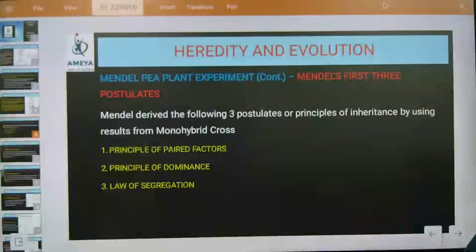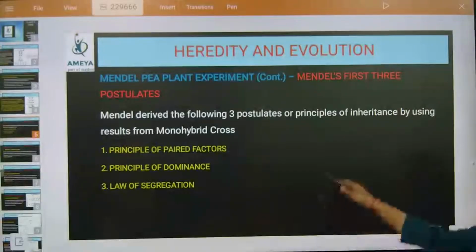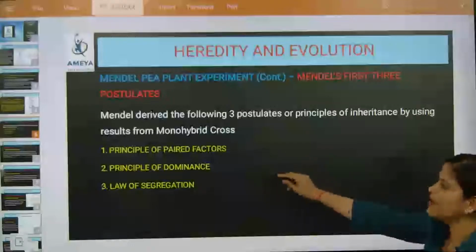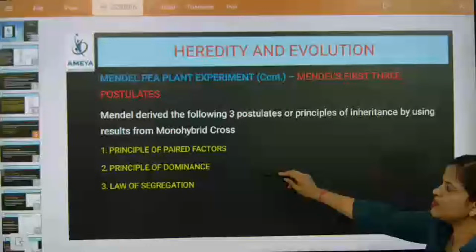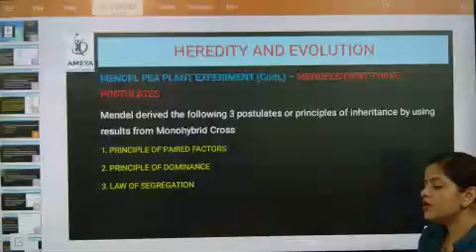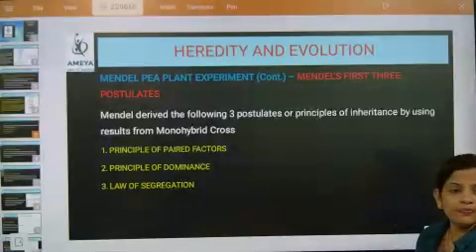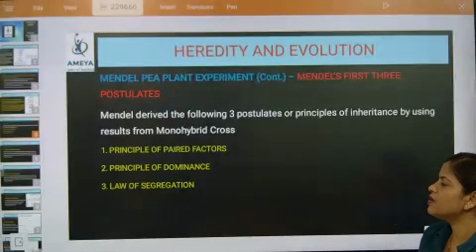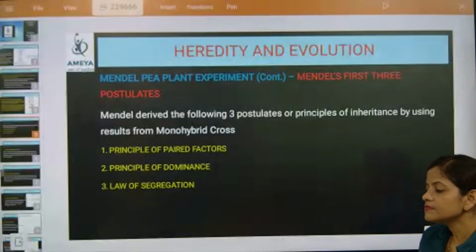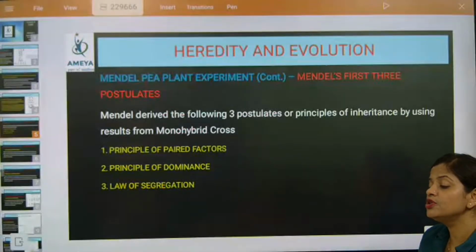So the three important laws are: the first law is called the principle of paired factor, the second law is called the principle of dominance, and the third law is called the principle or law of segregation.